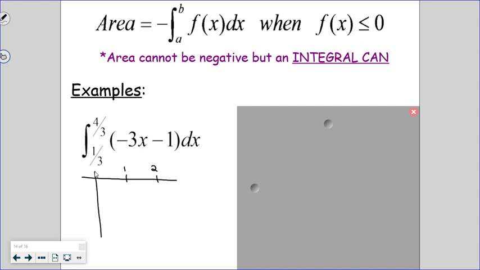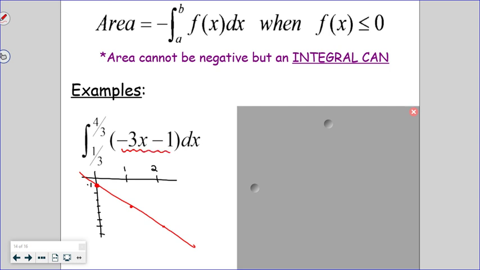This at 0 would be down at -1, right? And we've got a slope of -3, so down 3 over 1, down 1, 2, 3 over 1. It's going to be a picture something like that. That's our function.